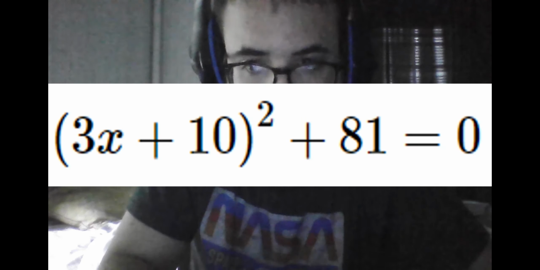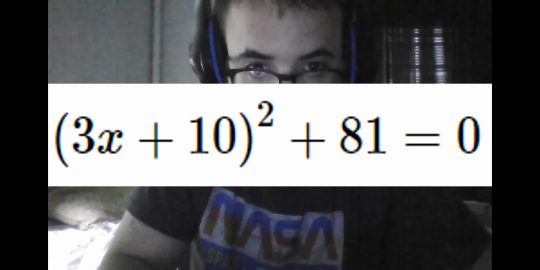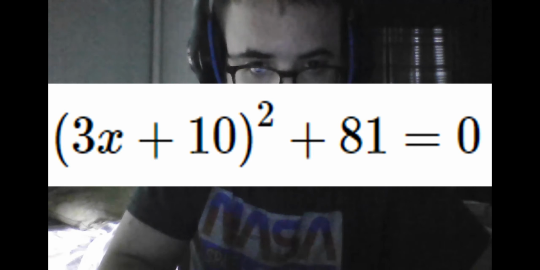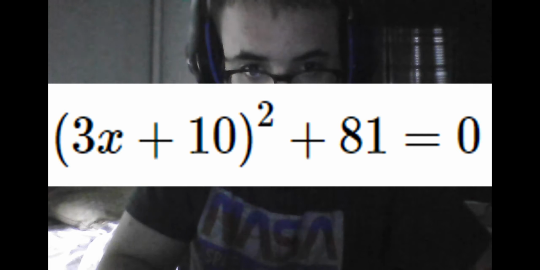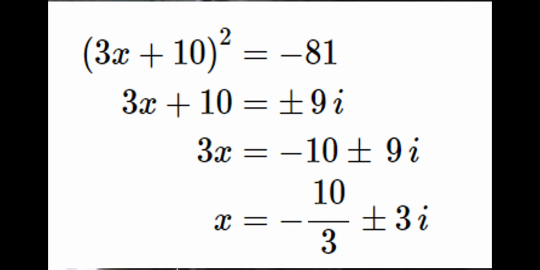We will do one last example that is more complicated to get us adjusted to more advanced quadratic equations in the next video. In particular, if we have this example, we see that we are taking the square root of a negative number, so imaginary numbers get involved again. 3x plus 10 equals positive or negative 9 times i, after simplifying our work.